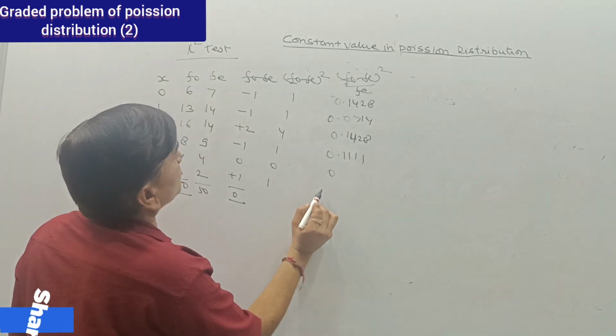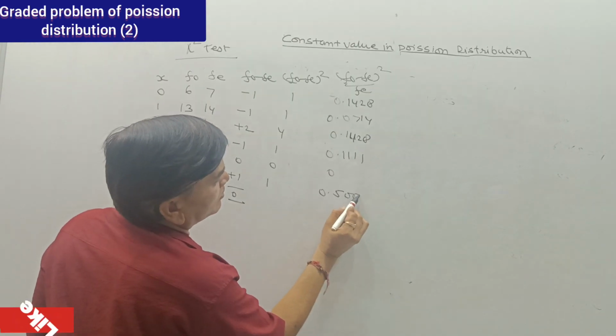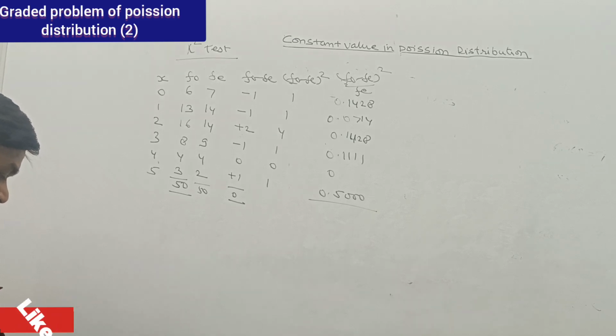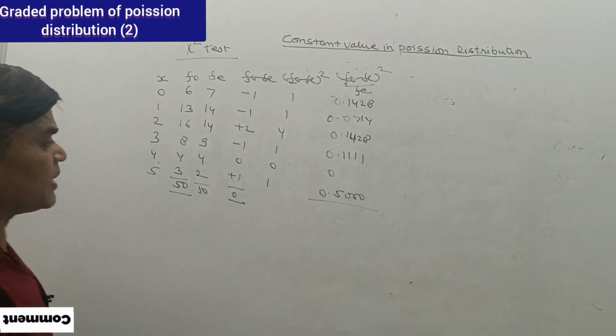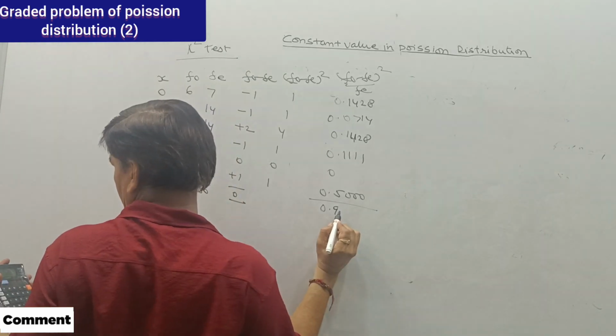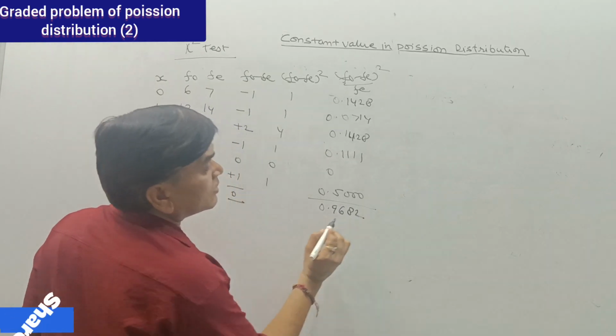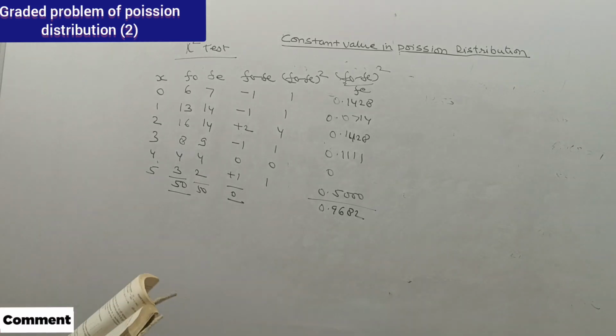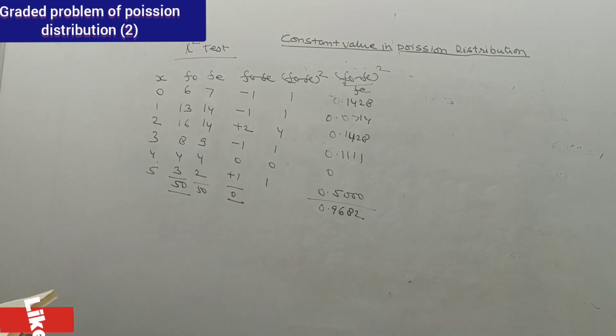And 1 divided by 2, so 0.5 is over there. So the total is 0.9682. So the chi-square value we have calculated is 0.9682.